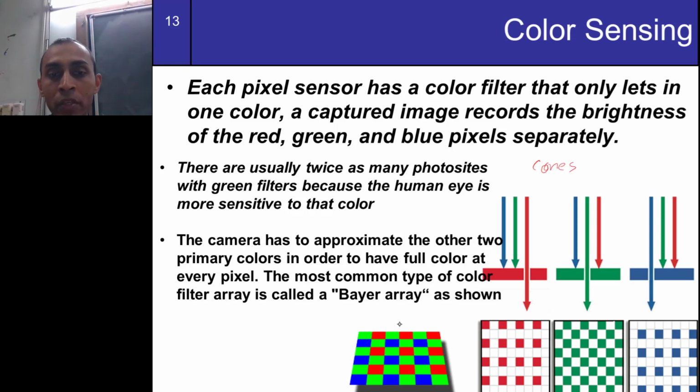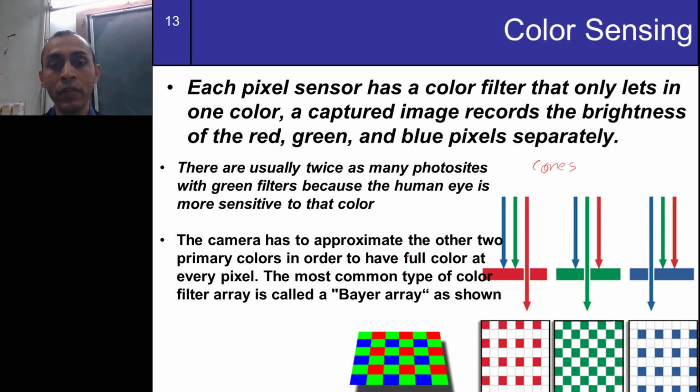There, the majority are green filters, few of them are red, and few of them are blue. So there is a pattern of green blue, and then green red, and then green blue in this direction. That is again because, as we said, green cones are the maximum in our eyes, they are sensitive to green light.